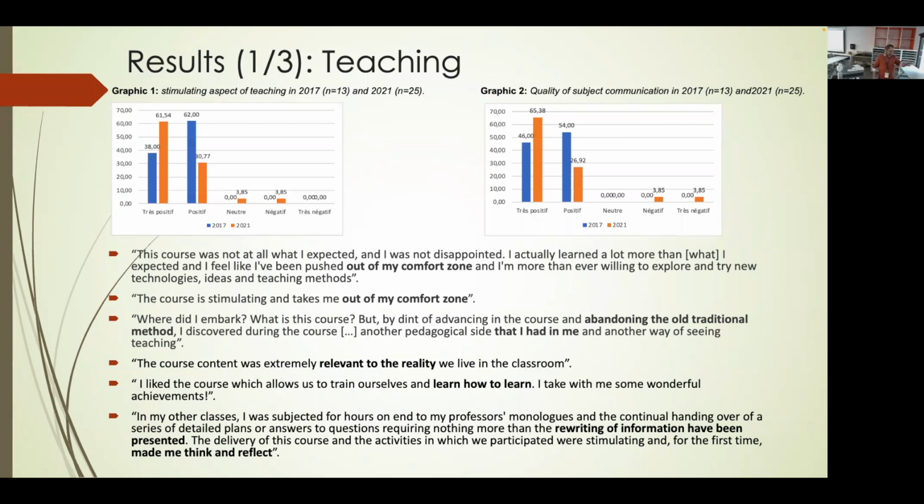And the last one is more critical of the rest of the program. The other courses ask us to rewrite the information which has been presented, and the delivery of this course and the activities we participated in were stimulating, and for the first time made me think and reflect.